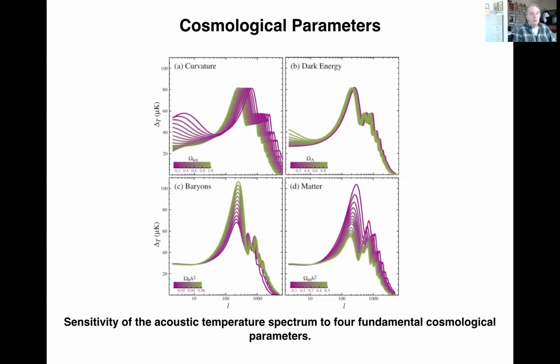And that's due to an effect called Silk damping, named after the astrophysicist who first explored this. As these angular structures get smaller and smaller, physically you're talking about parts of the inhomogeneity that are closer and closer to each other.